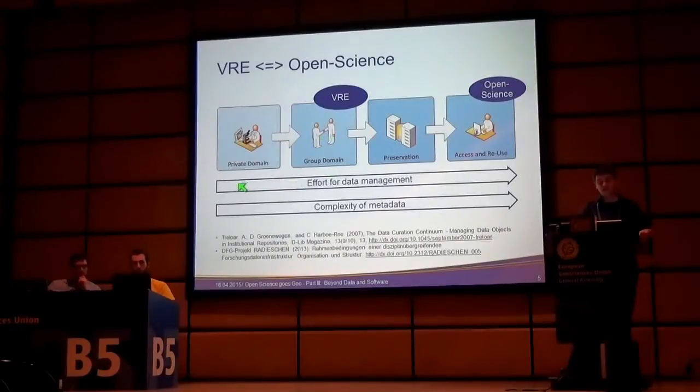The effort of data management and the complexity of metadata, basically the work you need to put into the data to make it usable, is increasing from left to right. So when you have proper structures in this group domain, you can save work you would need to do later to make this data available for a broader audience doing open science.